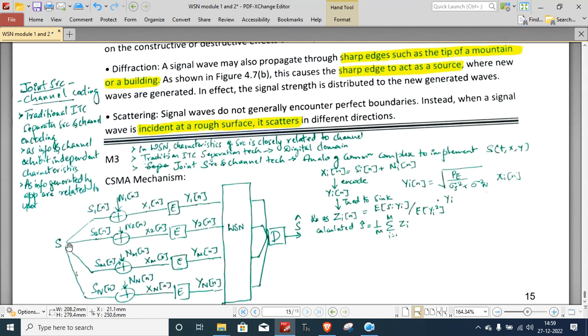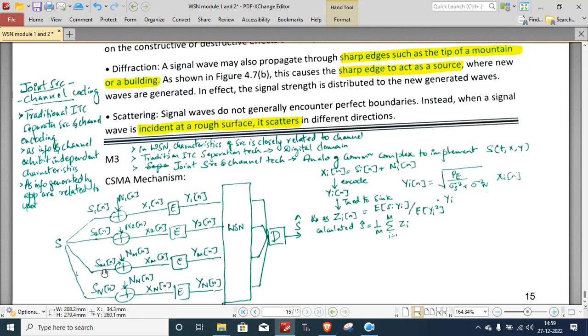The source can be divided into several events like S1 of n, S2 of n, Sm of n, and Sn of n. The subscript numbers indicate the number of nodes, where we'll be considering only a subset of the total number of nodes, that is 1 to m.